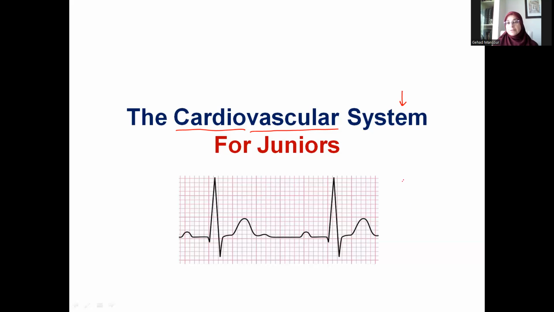The diagram you see on the first slide is a diagram for an ECG strip, or electrocardiogram, and it is one of the diagnostic tools in cardiovascular medicine, meaning that there is a device and you connect that device through leads to the patient and you apply electrodes to record the electrical activity of the heart.